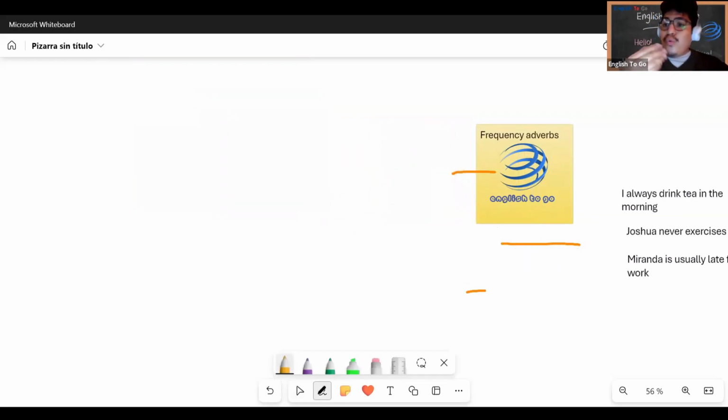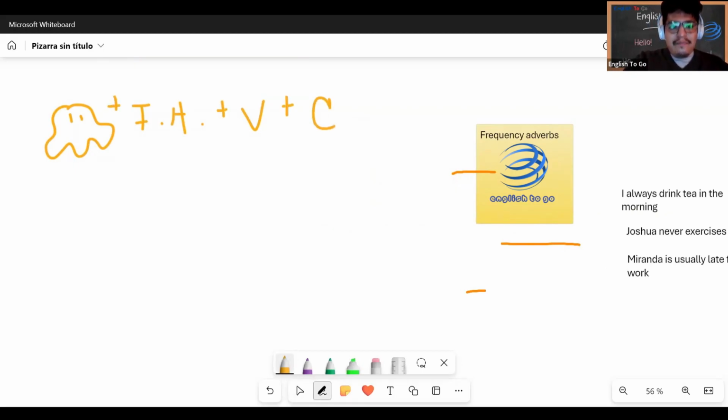So, we know, guys, that the formula for simple present sentences, it means routines or habits. Wonderful. If you want to use a frequency adverb, it is something like this. We have the subject, we have the frequency adverb, we use a verb, and a complement. Okay?